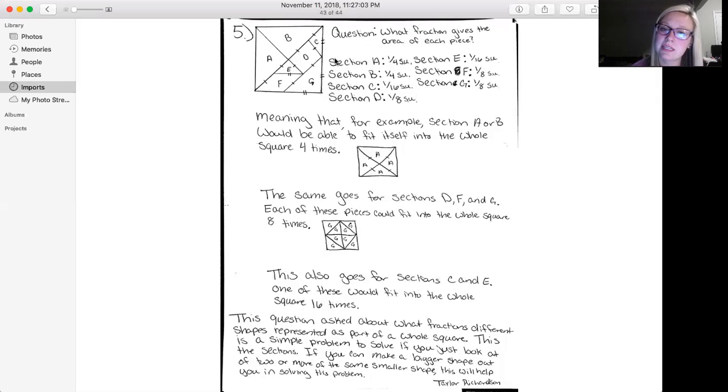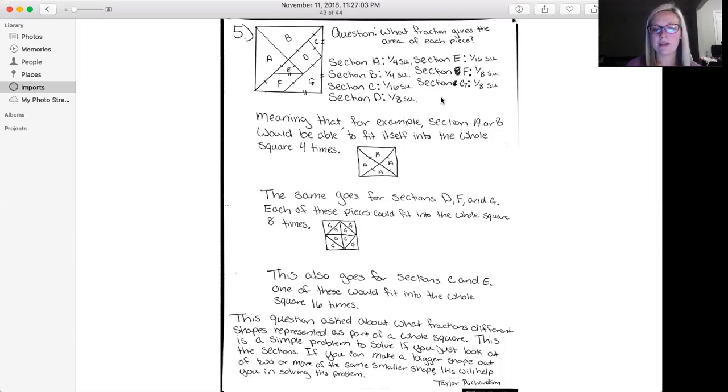And so we can see here, these are the answers given. Section A is equal to 1/4 square units here, and section B is also equal to 1/4 square units. And then section C is equal to 1/16, and section D is equal to 1/8, and section E 1/16, section F 1/8, and section G 1/8 square units.